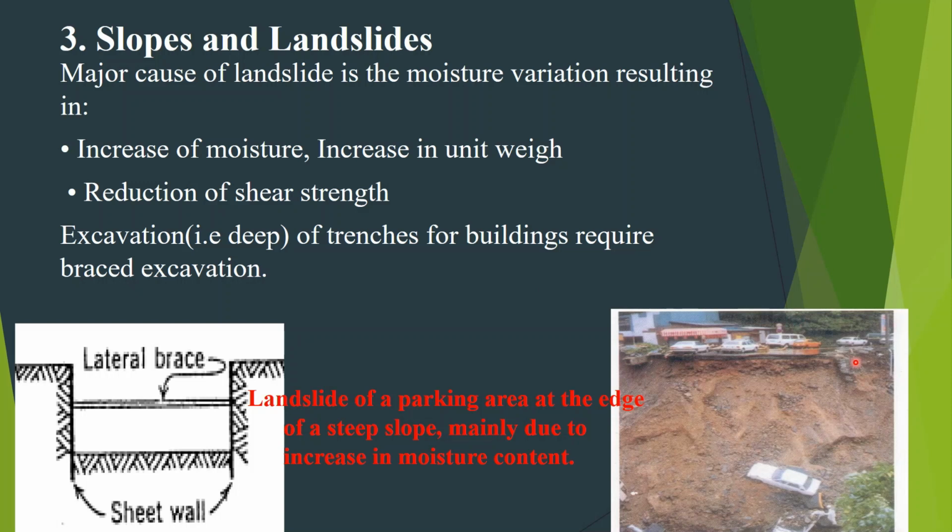This is an example of a parking area where we have a landslide, at the edge of a steep slope, mainly due to an increase of the moisture content and the reduction of shear strength. Those are the causes of the landslide.